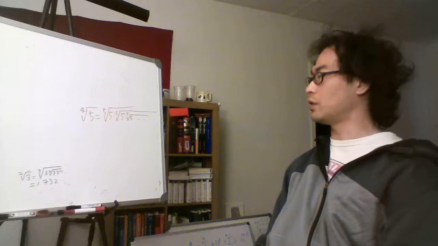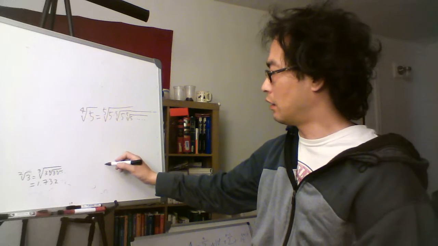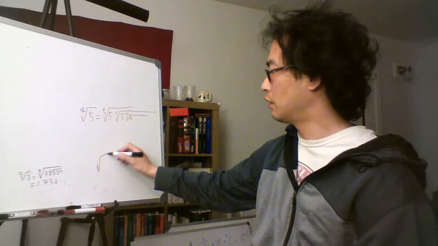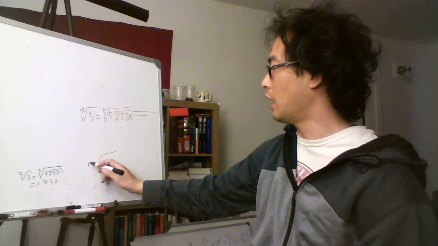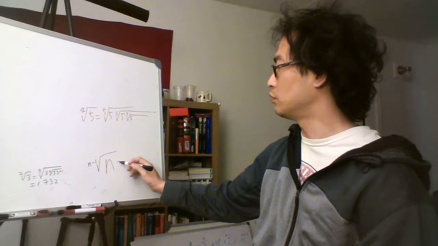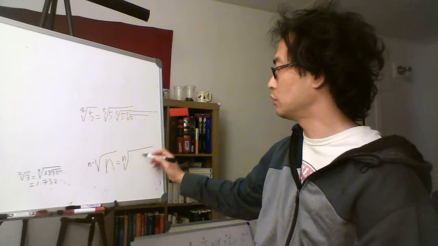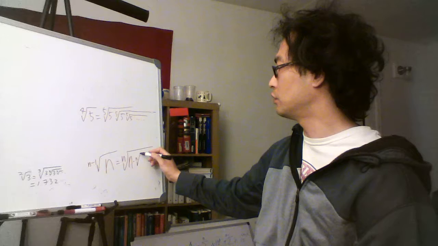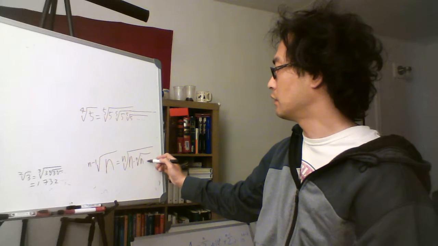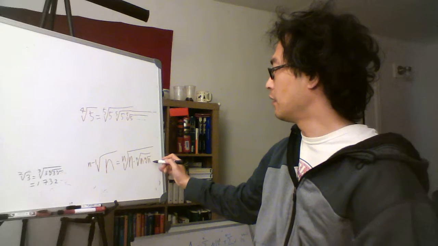So it's easy. In general, the (n-1)th root of n is equal to the nth root of n times the nth root of n times the nth root of n, and so on.